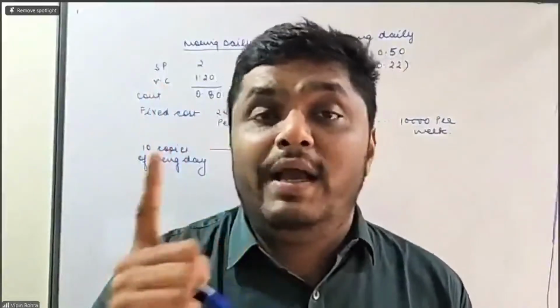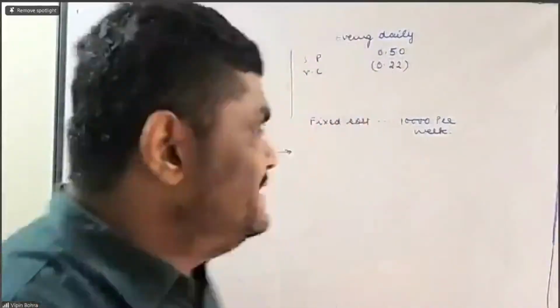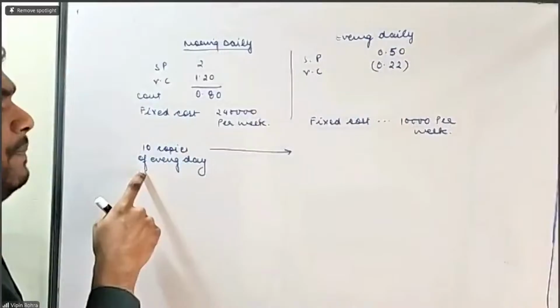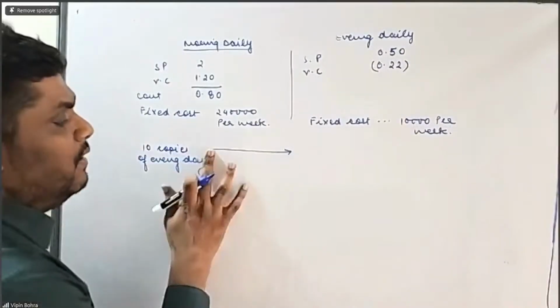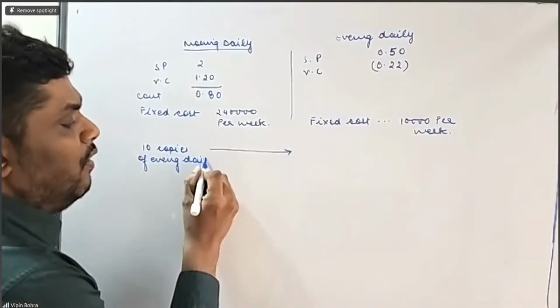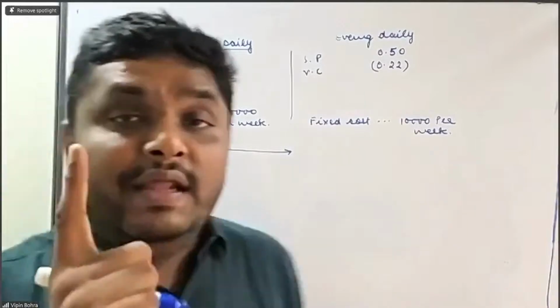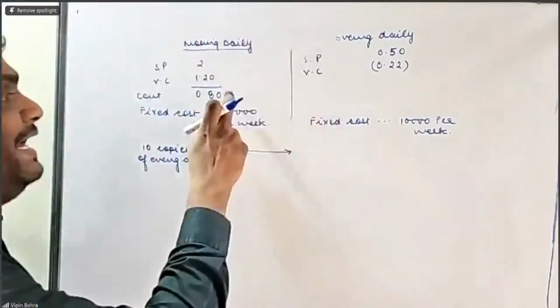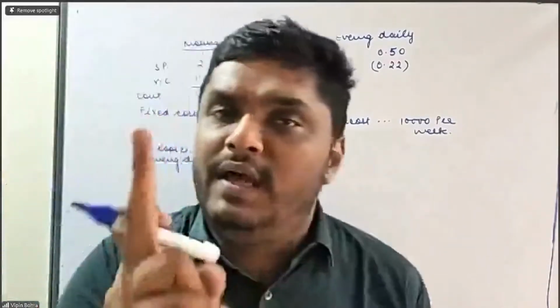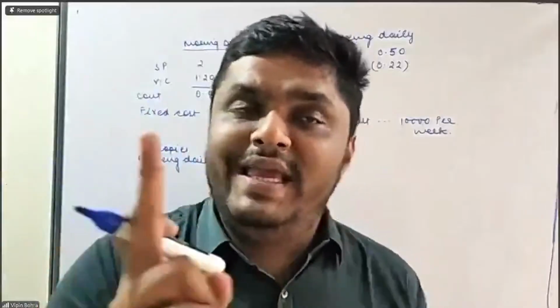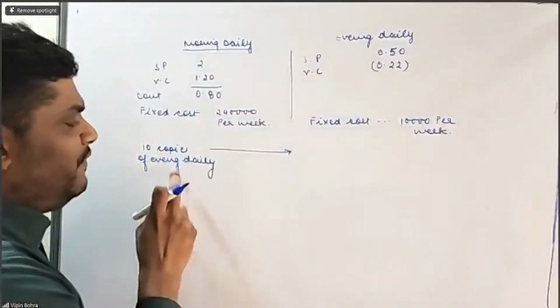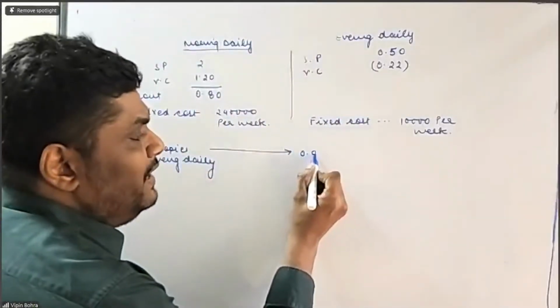Morning daily का एक copy कम बिकेगा. It means for every 10 copies of evening daily, we can say there will be a loss of how much? 80 paisa, because per copy we are earning 80 paisa. So for every 10 copies of evening daily, there will be a loss of 80 paisa.